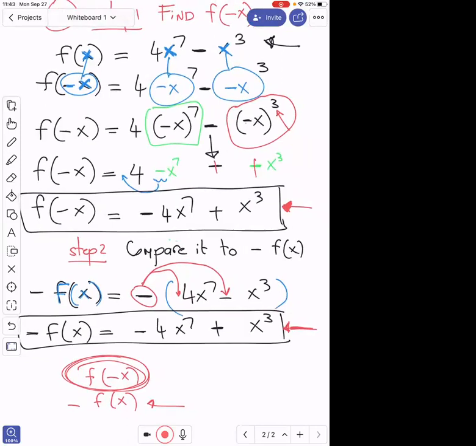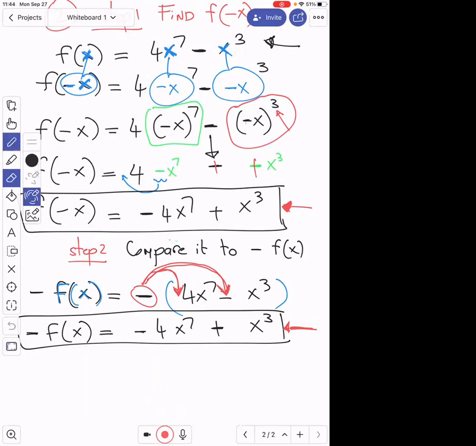Like what I did right here, I distribute the minus sign, right? But that's different from f of minus x. So when you say f of minus x here, this minus, you're multiplying the x by the minus.